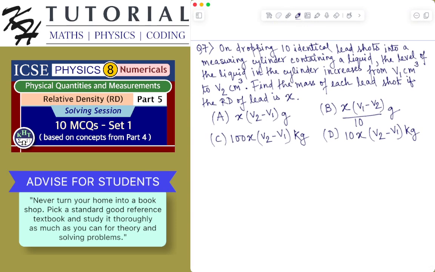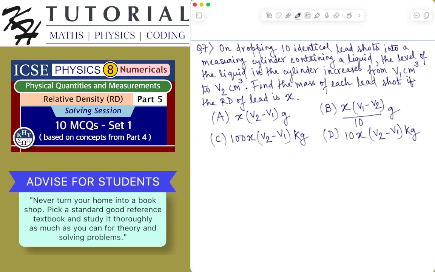On dropping 10 identical lead shots into a measuring cylinder containing a liquid, the level of the liquid in the cylinder increases from V1 centimeter cube to V2 centimeter cube. Okay, so 10 identical lead shots means the volume and the mass of each individual shot will be equal, and the shots are made of the substance lead.